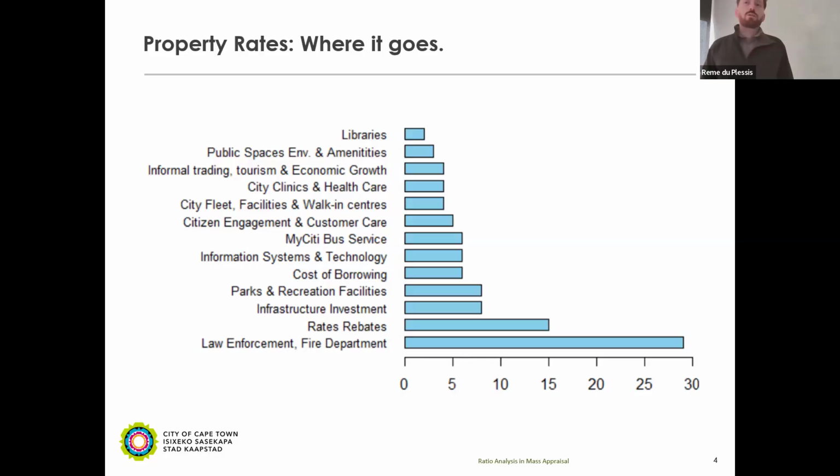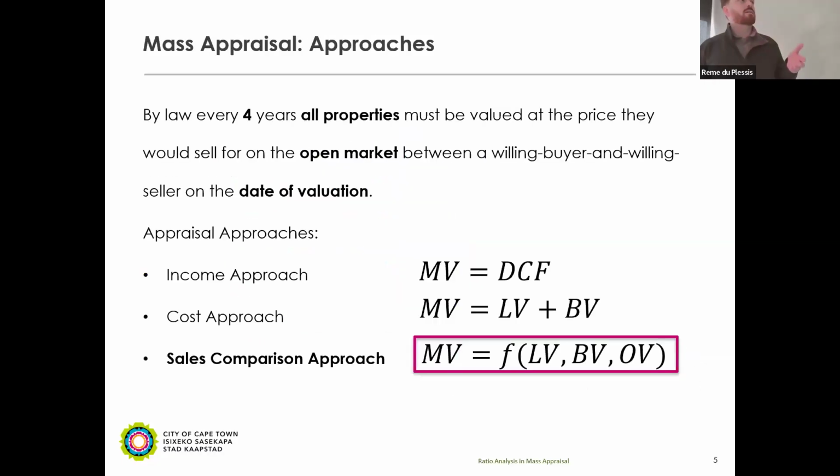Now, in order for us to levy these rates from you, we need to assign a value to your property. So this is where our team comes in. Once every 4 years, all properties within a municipal district must be priced at the price they would sell at on an open market between a willing buyer and willing seller at a date of valuation.